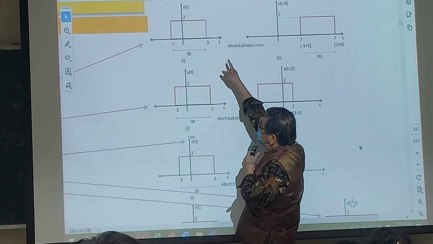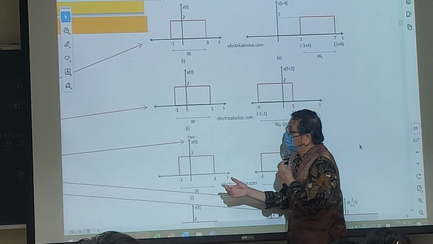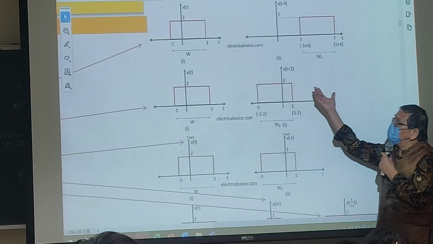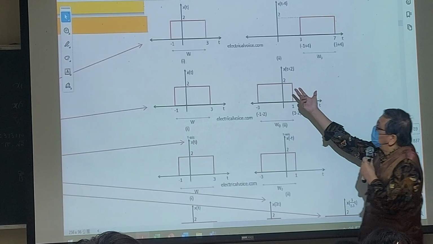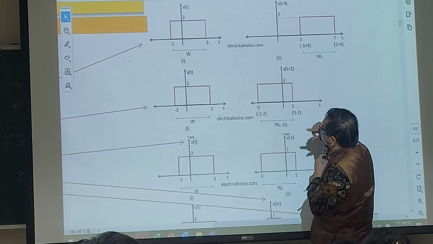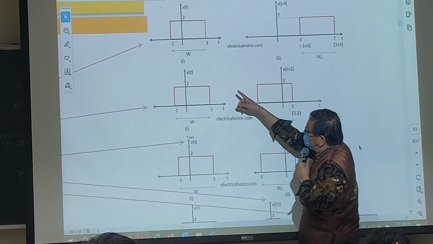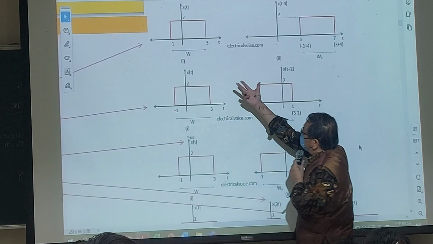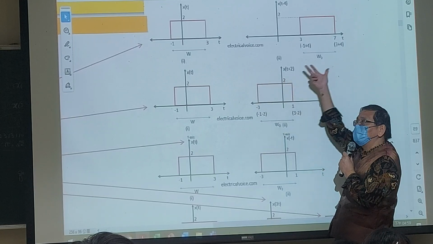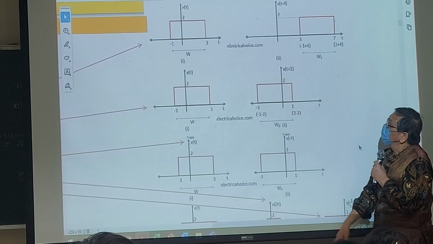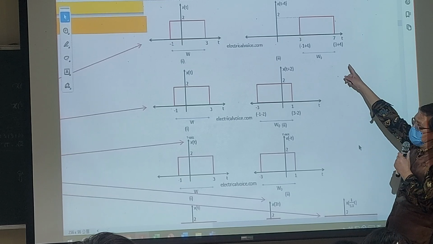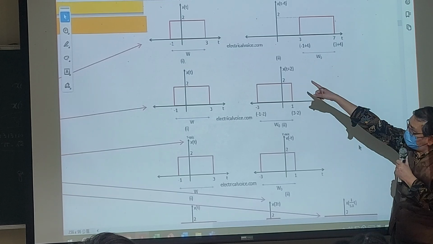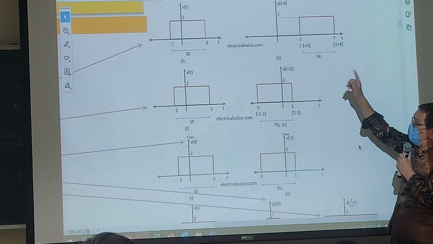Now if I shift it 4 seconds, then we move the signal to the right 4 seconds. So this becomes x of t minus 4. This is the delayed signal, delayed by 4 seconds.